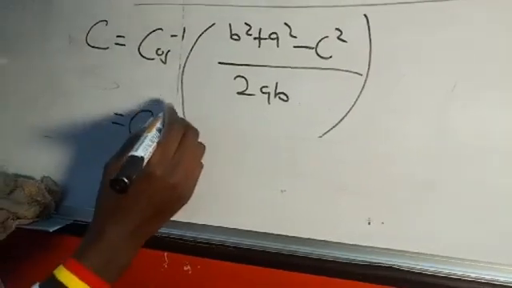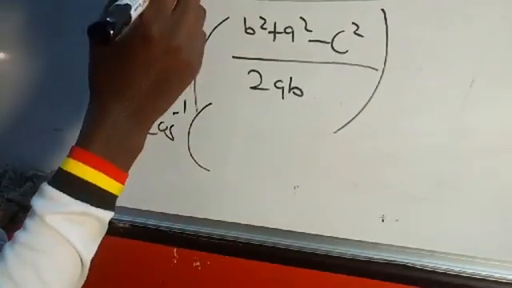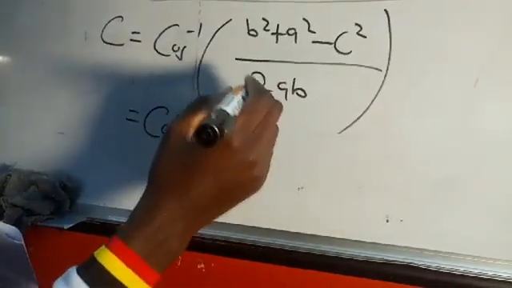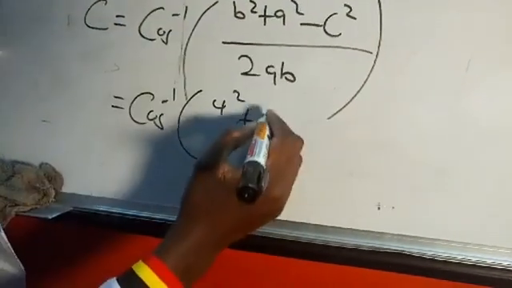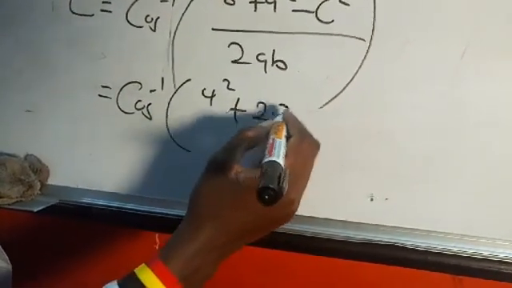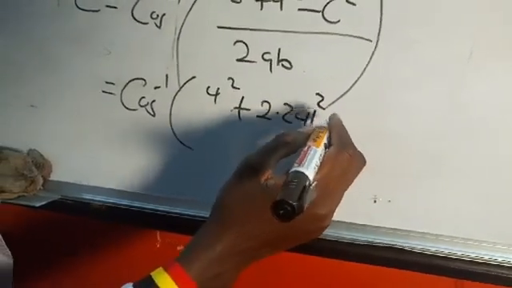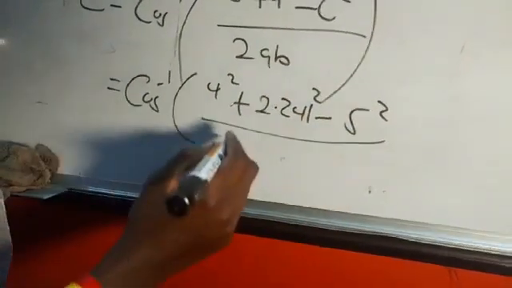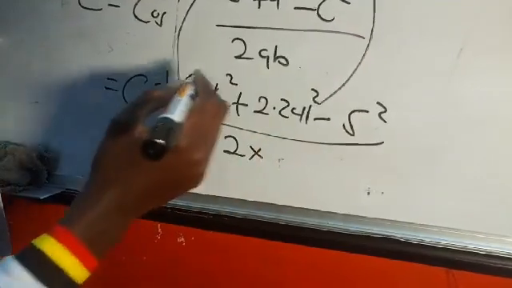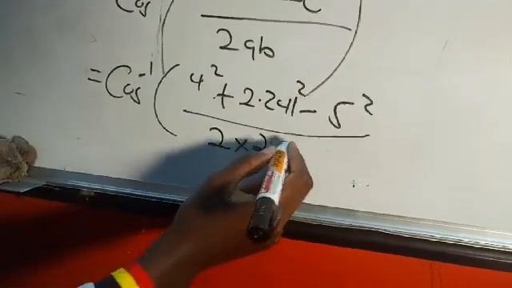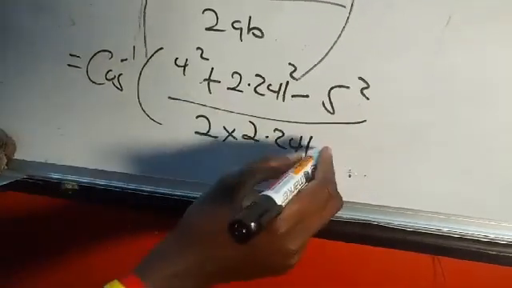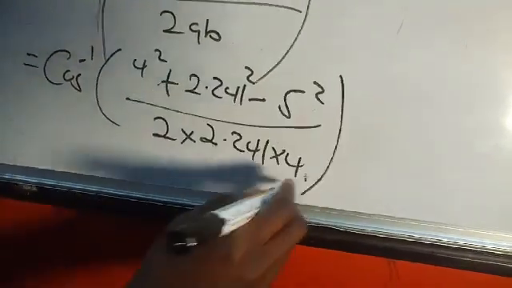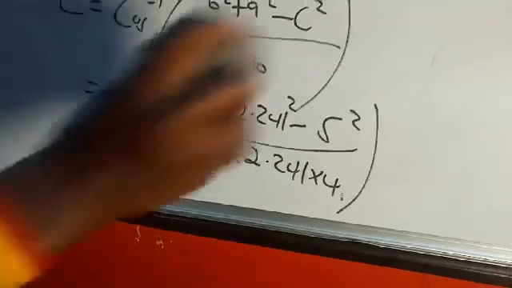Applying the figures, cos inverse in brackets. B is 4 squared plus a, which is 2.241 squared, minus c, which is 5 squared, over 2 times a, which is 2.241, times b, which is 4. Let's complete it from here.